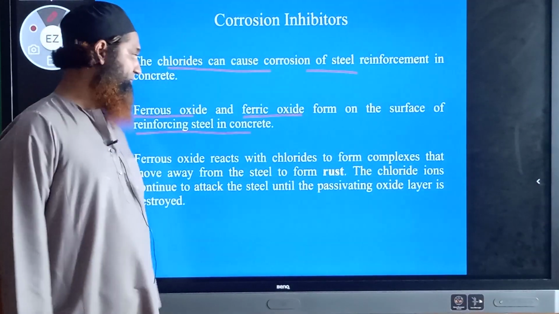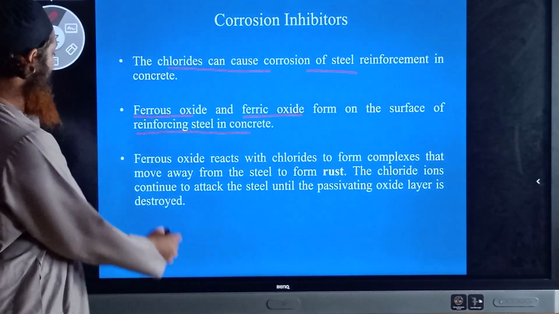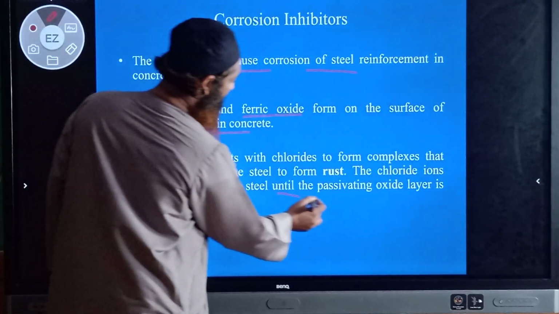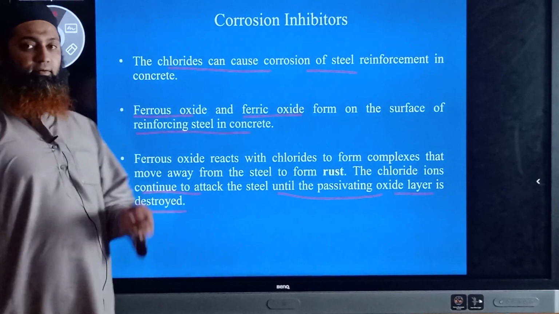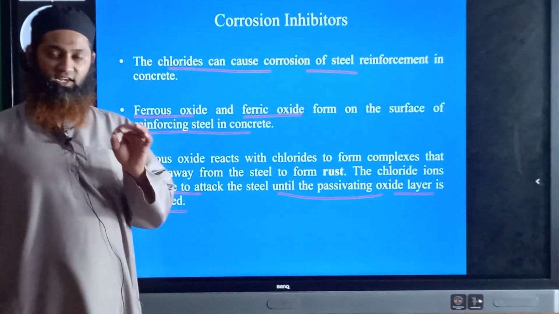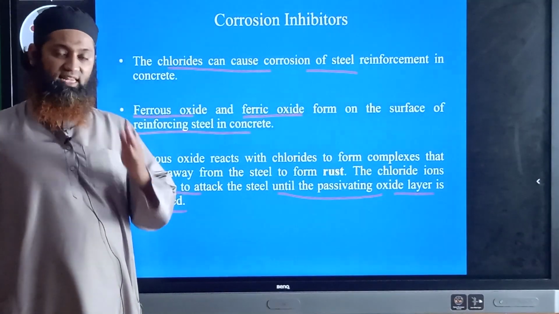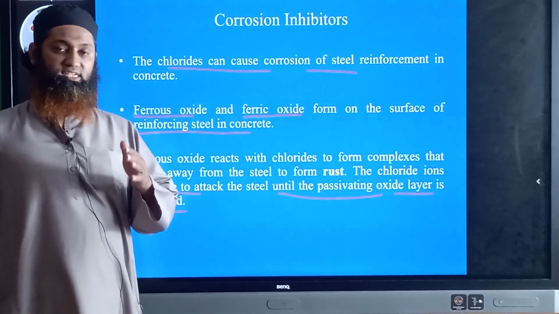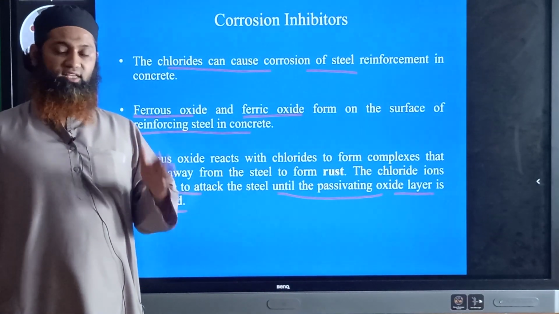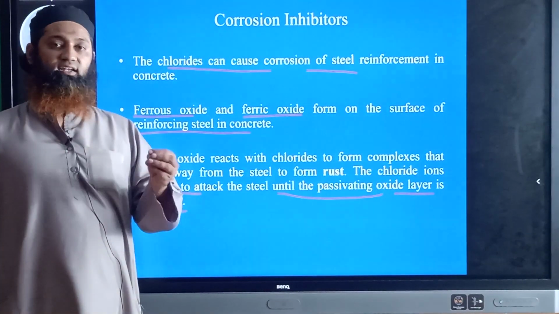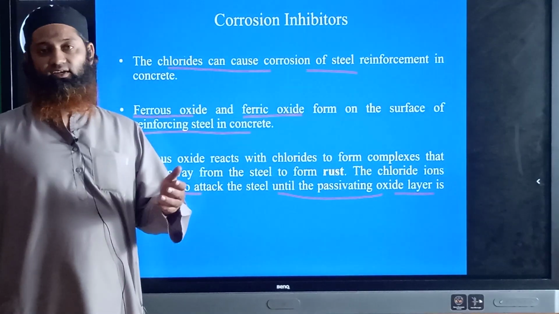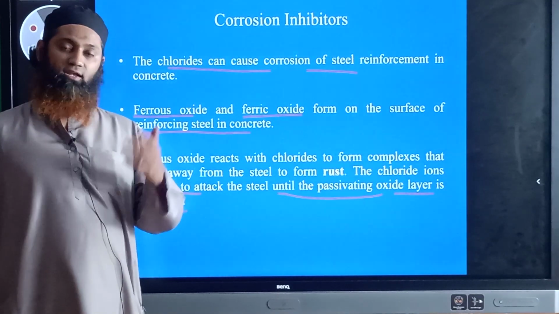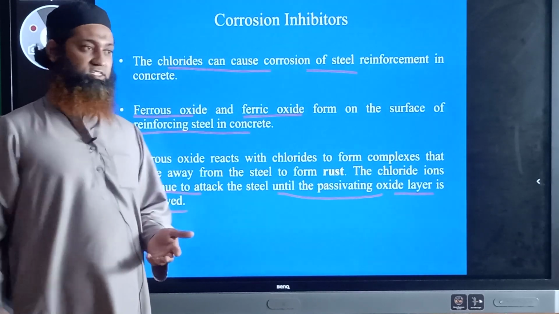The chloride ions continue to attack the steel until the passivating oxide layer is destroyed. There is an inner layer in the reinforcing steel, and the attack goes till that inner layer. If this is not stopped, once that inner layer is destroyed, the whole reinforcing steel gets weakened, and thereby there can be collapse of the structure also.